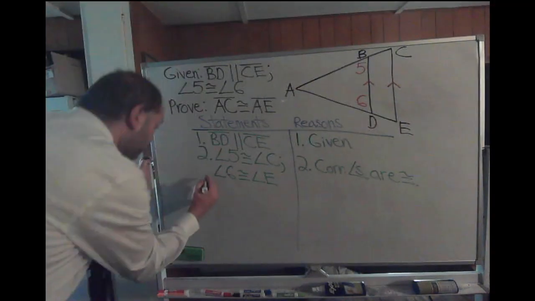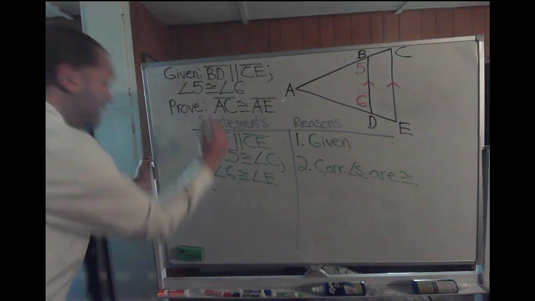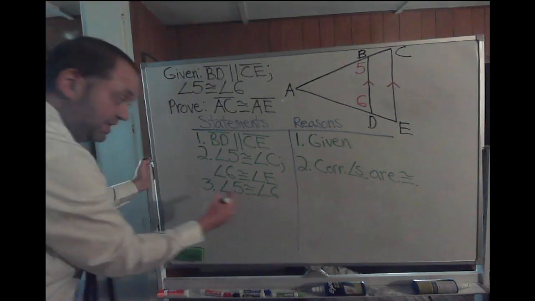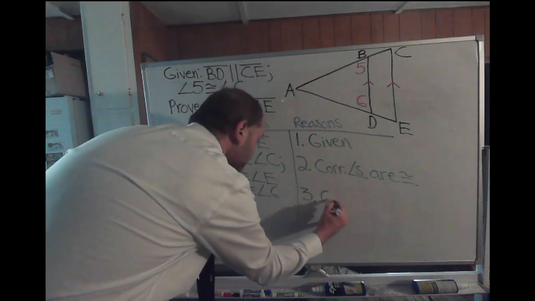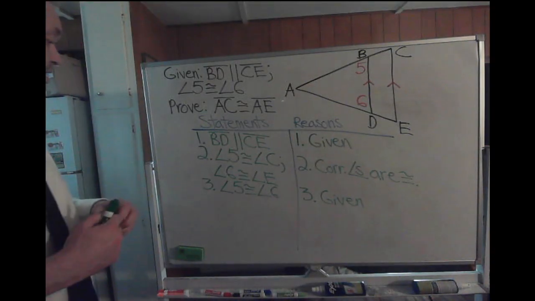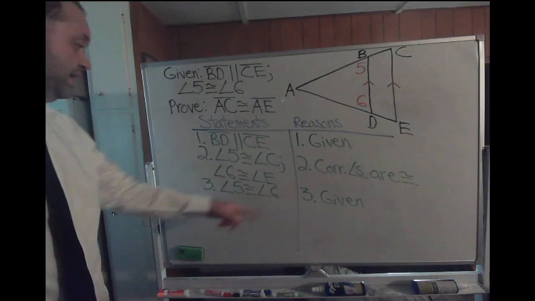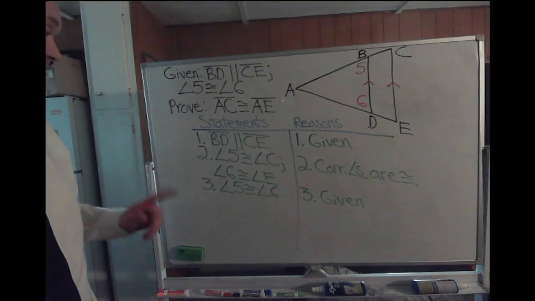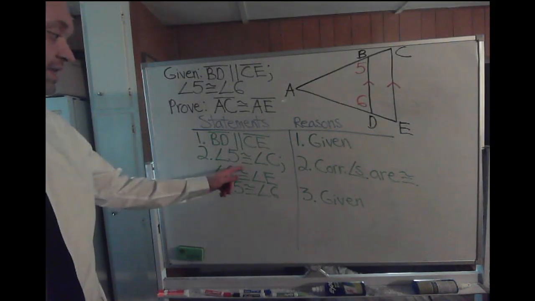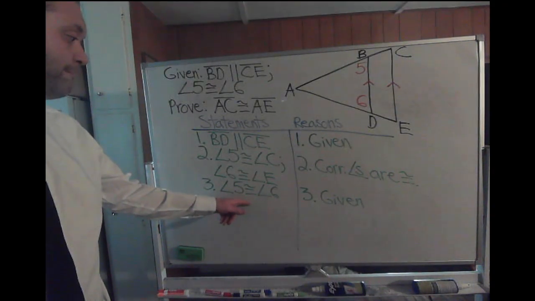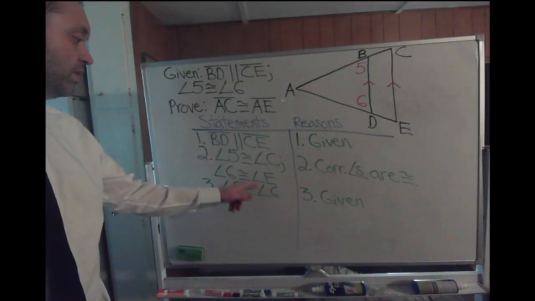Now this would be the time to bring in the fact that angle 5 is congruent to angle 6. Of course, that was given to you. That's a given piece of information. From here, if angle 5 is congruent to angle 6, we could then toss in that by substitution, if angle 5 is congruent to angle C, then we could put angle C in here for 5.